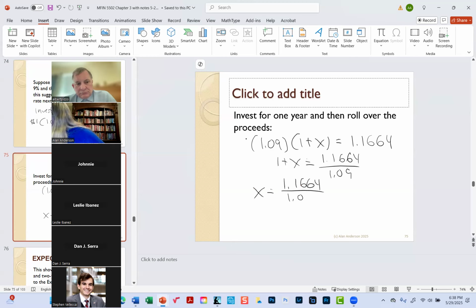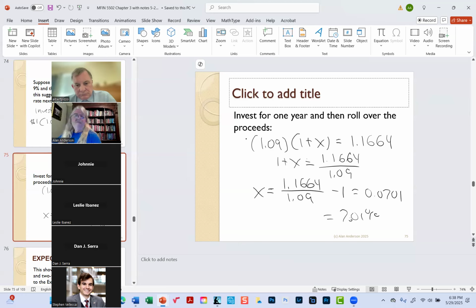whatever this number is, it's going to be less than 9%. That's the important thing. Okay. So it's going to prove to be 7.01%.